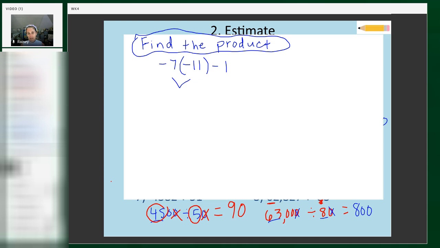-7 times -11 is a positive 77. Times -1 is -77. But I am giving everybody credit because I probably should have had parentheses around this, because some of you guys thought it meant -1. So I can totally see where that would be a format issue. Okay.